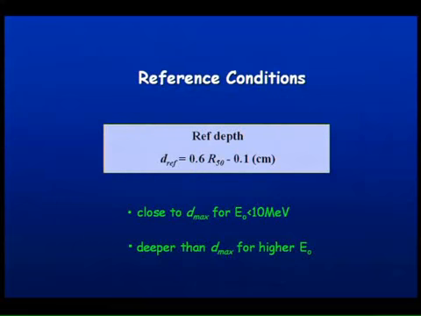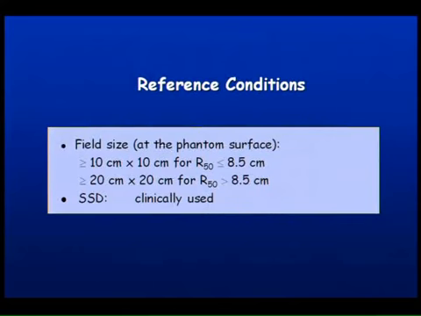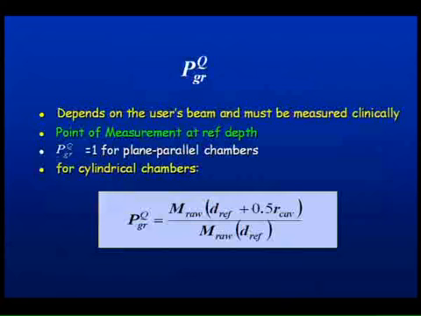Reference depth is given by an equation here. We heard about that yesterday, how one arrived at this equation. It's usually close to Dmax for energies less than 10 MeV, deeper than Dmax for higher energies. These are the reference conditions you have seen in the protocol.